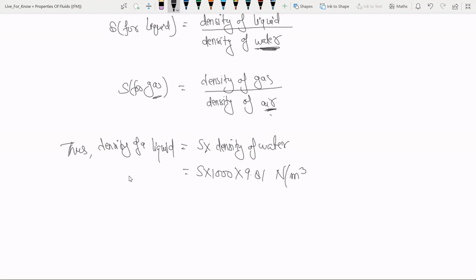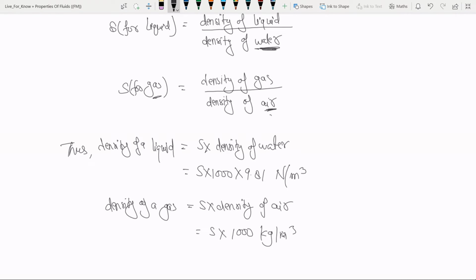And density of a gas is equal to S into density of air, so S into 1000 kilogram per meter cube.